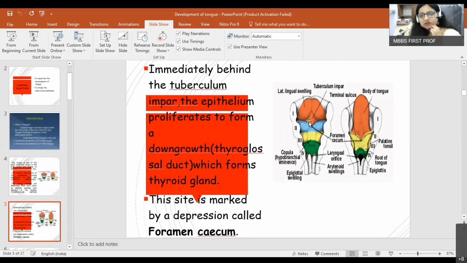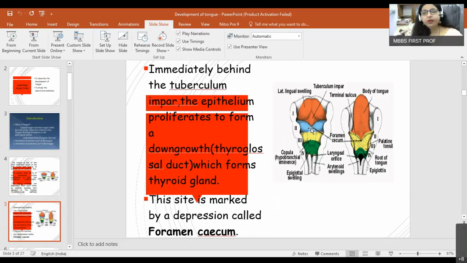Then this is a similar structure showing you how the two lingual swellings fuse together in the midline and enlarge, also fusing at the same time with the tuberculum impar and with the cranial hypobranchial eminence.